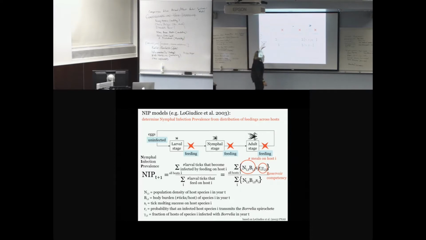It's just summing up over all of the different hosts the number of larval ticks that become infected by feeding on that host, divided by summing up over all the hosts the number of larval ticks that are actually feeding on anything. And so all of the different parameters in this type of static model of nymphal infection prevalence, where because we have a year lag between each of these things, what the larval ticks are feeding on in one year determines the nymphal infection prevalence in the following year.